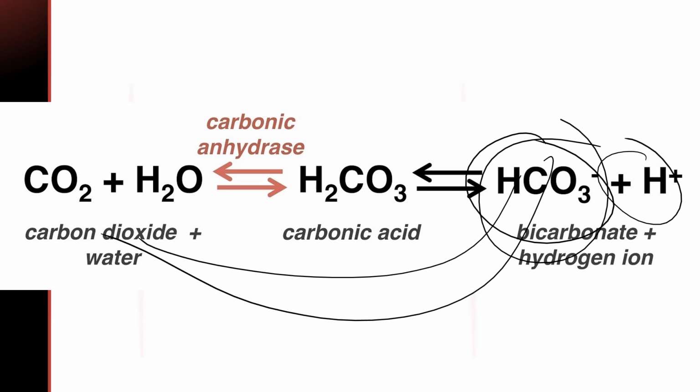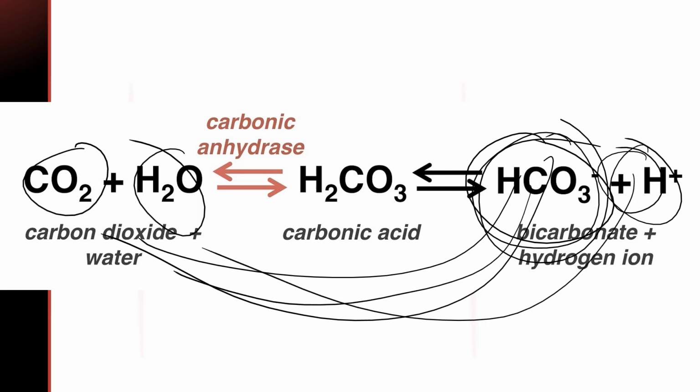You're going to turn as much bicarbonate and hydrogen ions back to CO2 and water as possible. And then it can't be pushed any further to the left. And at the point where you can't push the equation any further to the left, what happens?